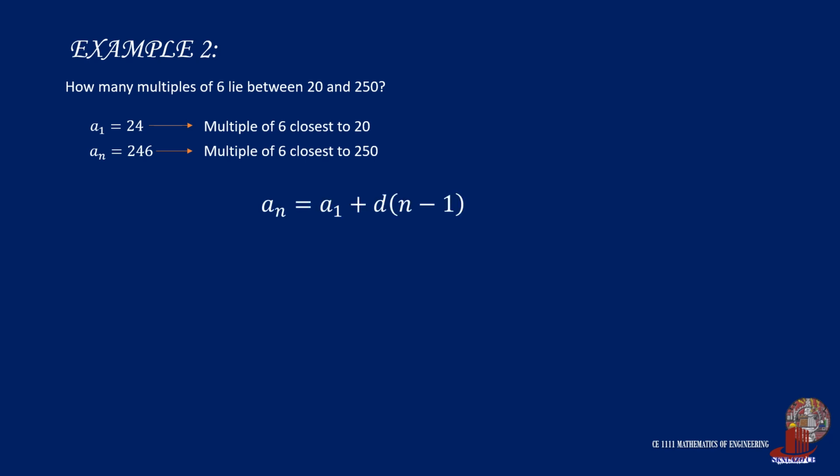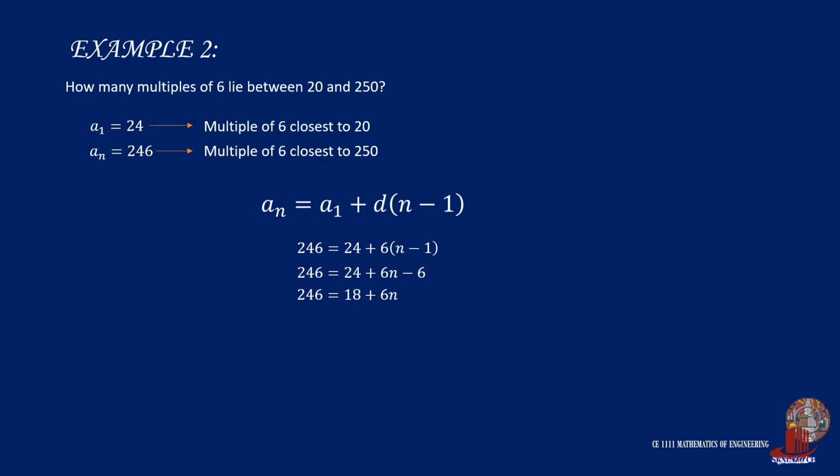With the help of the explicit formula, plug a sub 1 and a sub n to get 246 is equal to 24 plus 6 times the quantity of n minus 1. Again, take the parentheses out by distributing 6 to have 246 is equal to 24 plus 6n minus 6.